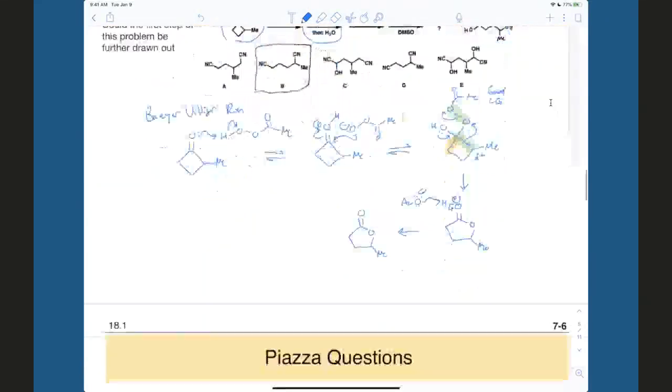But if we go through the mechanism, we can see why we're going to have this ring opening take place. We're going to have the aluminum hydride act as a hydride nucleophile to add into the lactone.